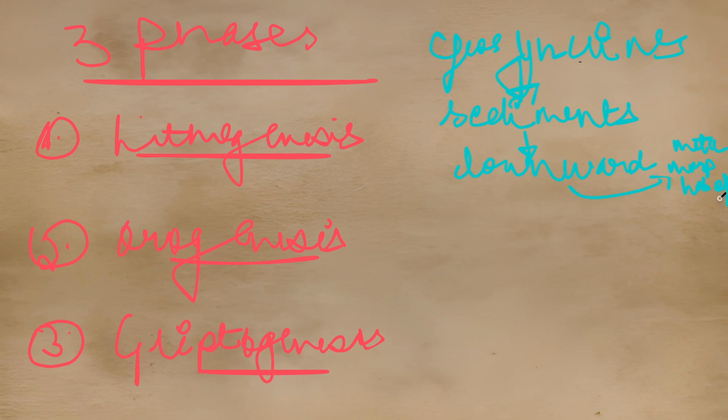What does that mean? That means change in form due to the heat and pressure, etc. So change in the form of the rock because of experiencing a lot of heat and pressure.